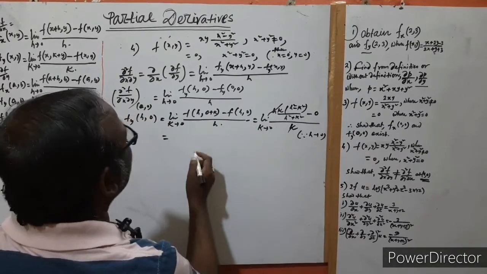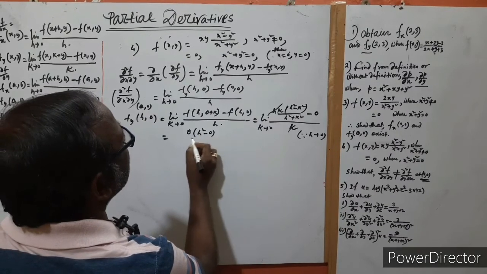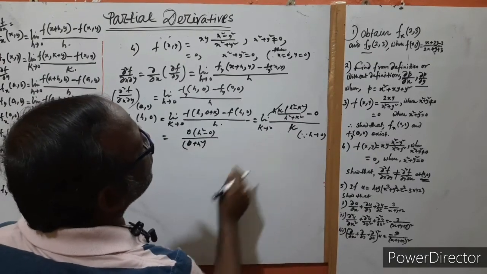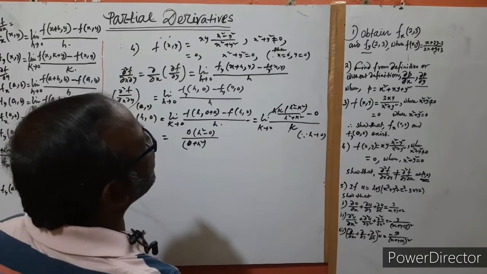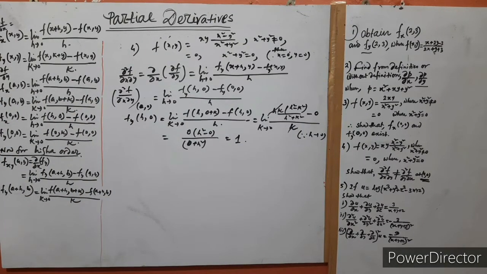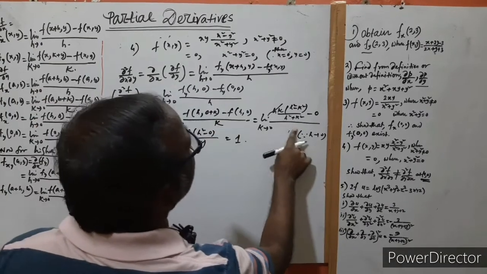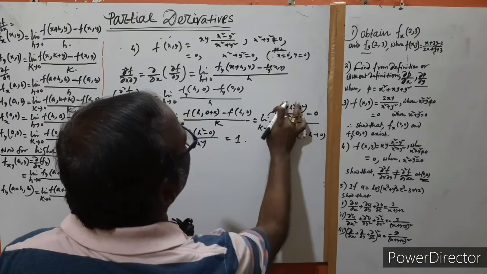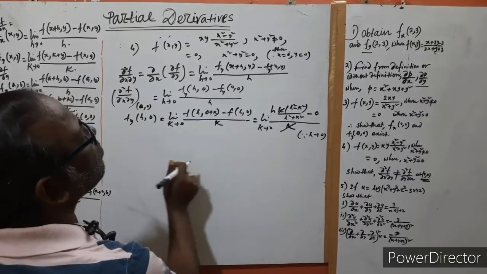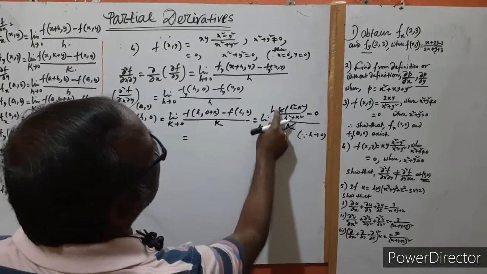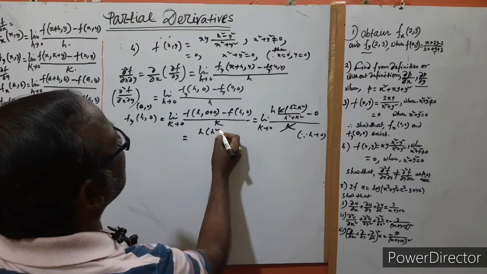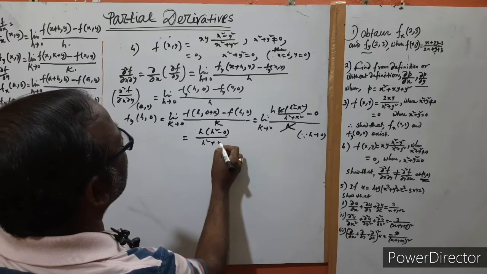Now put the value of k as 0: h into (h square minus 0) by (h square plus 0), and that is equal to h.